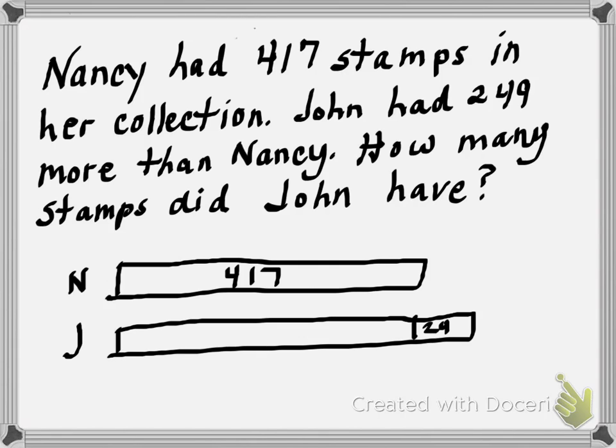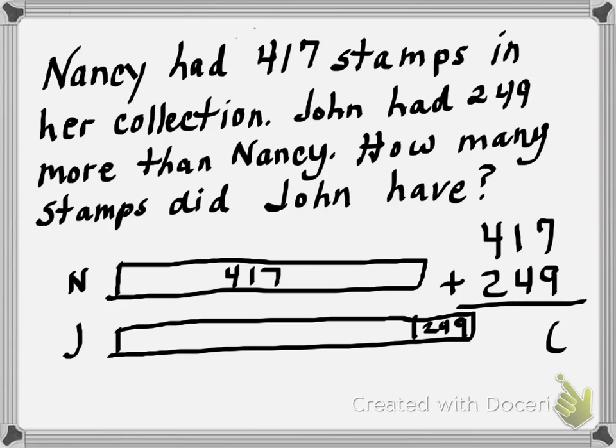So our 249 more can be represented in the extra part of a bar. To figure out how many stamps John has, I would use addition. 417 plus 249, and I would add my numbers up, regrouping, and the answer would be 666 stamps.